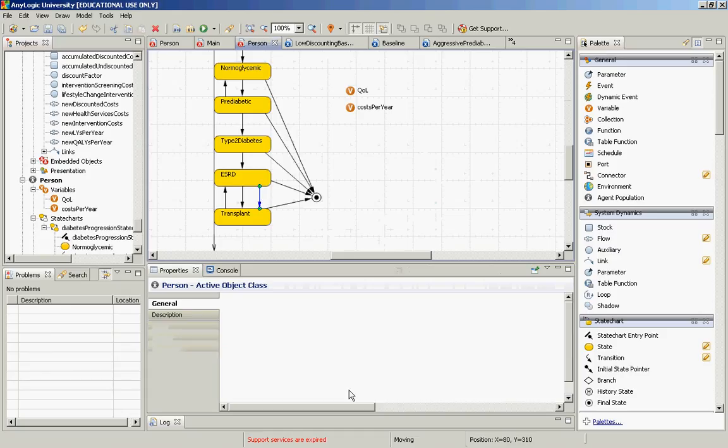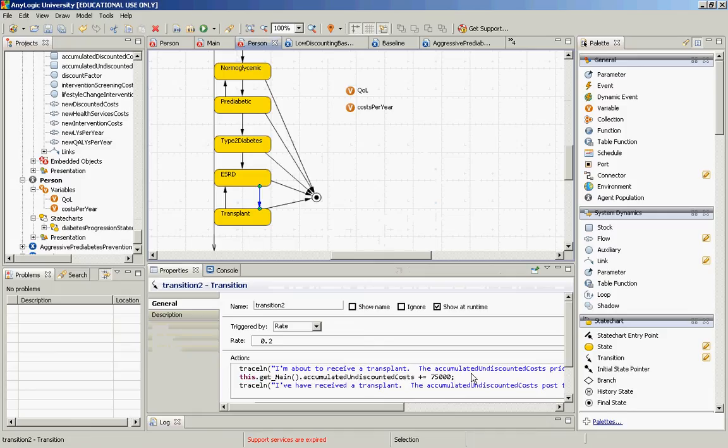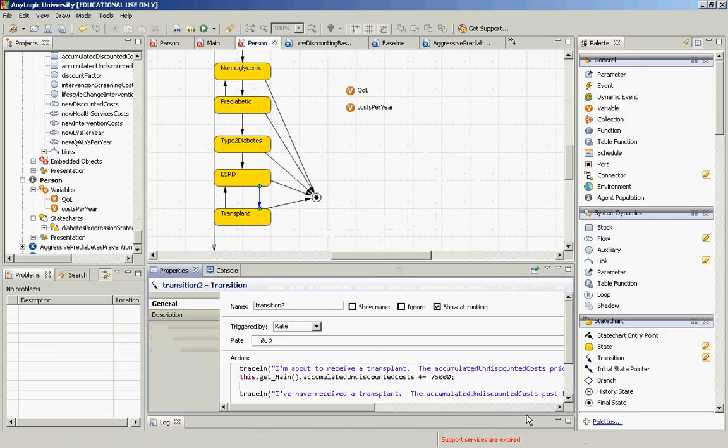So here, for the discounted costs, we need to multiply 75,000 times the discount factor. Where does the discount factor live? It lives in Maine, so we can multiply it times this discount factor.